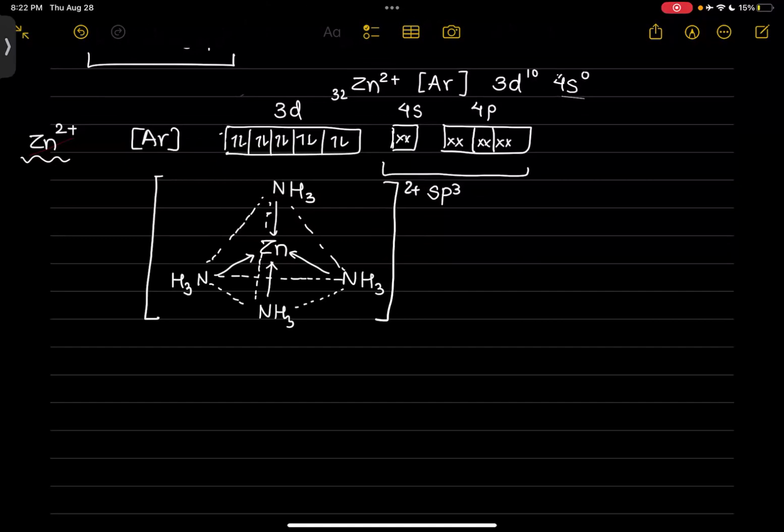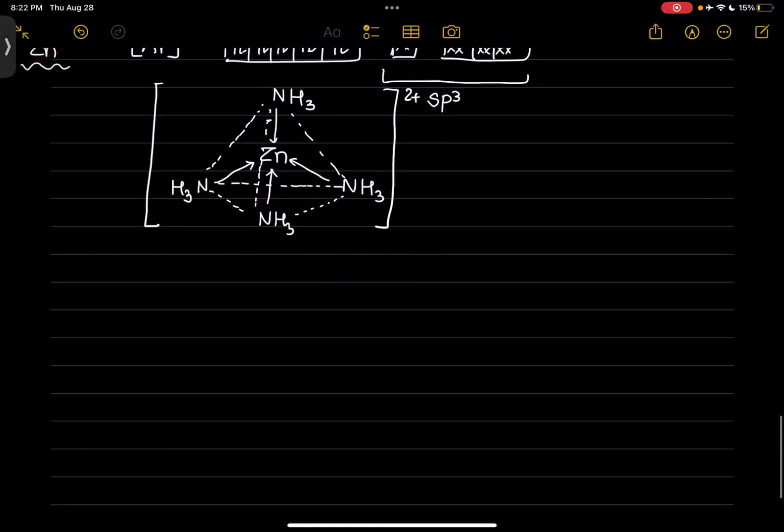And that next theory is the crystal field theory. We call it CFT.